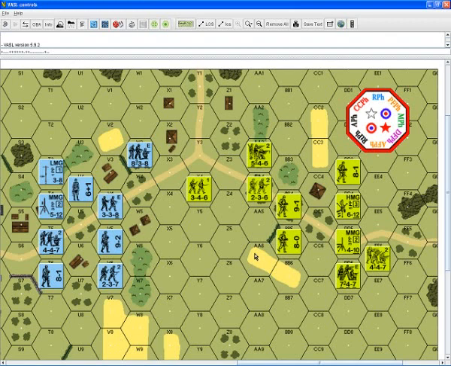Personally, I feel the ASL system is a wonderful tactical strategy game of World War II combat. And the reason I find it so interesting is that it gives the player tons and tons of choices constantly. Not only for just the attacking player, or the player that's moving his units, but also the defensive player. The defensive player is constantly making choices.